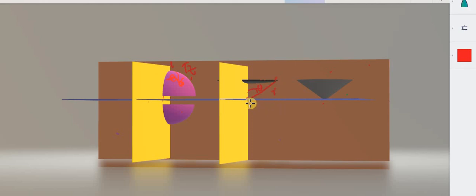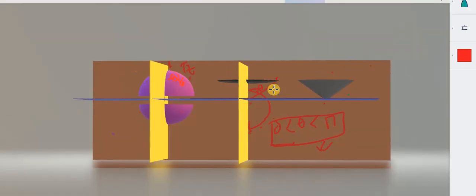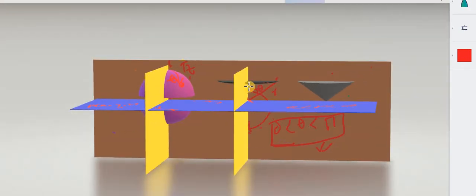If we go clockwise to the opposite end, theta is going to be 180 degrees, that means pi. So theta goes from 0 to pi. It is defined as the angle between the z axis and the radial distance.